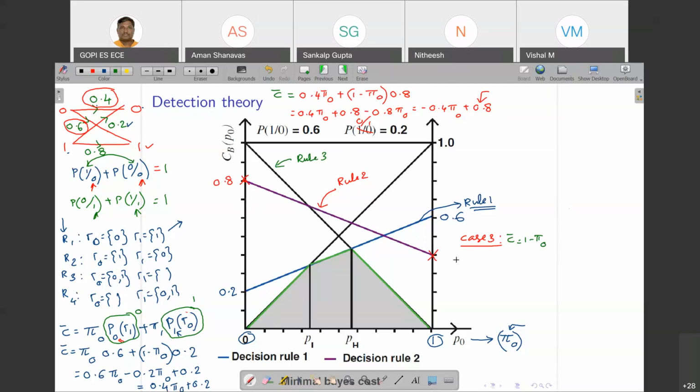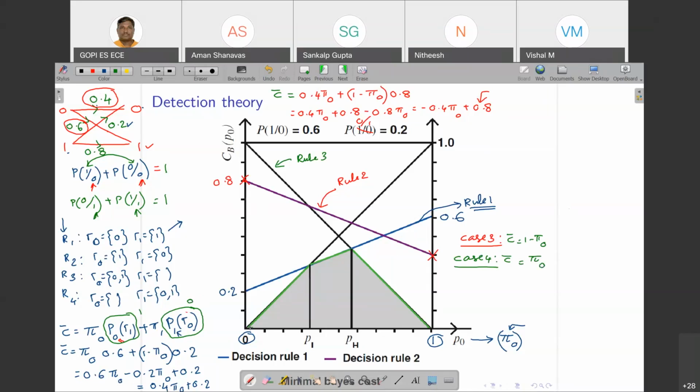And similarly for case 4, that is rule 4, this becomes 1 and this becomes 0, just the opposite of what you get. And in case 4 you are getting C bar equal to exactly this pi naught.